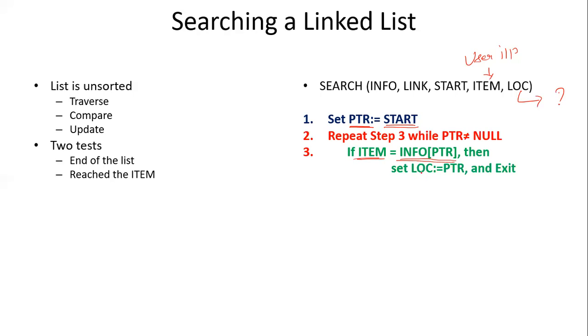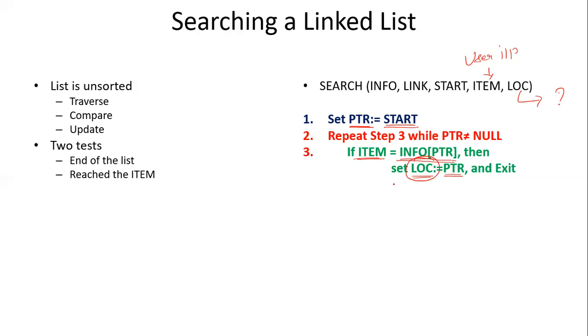Then we can say the PTR is the location where the required item is found. So we can return this location as an output from this algorithm.